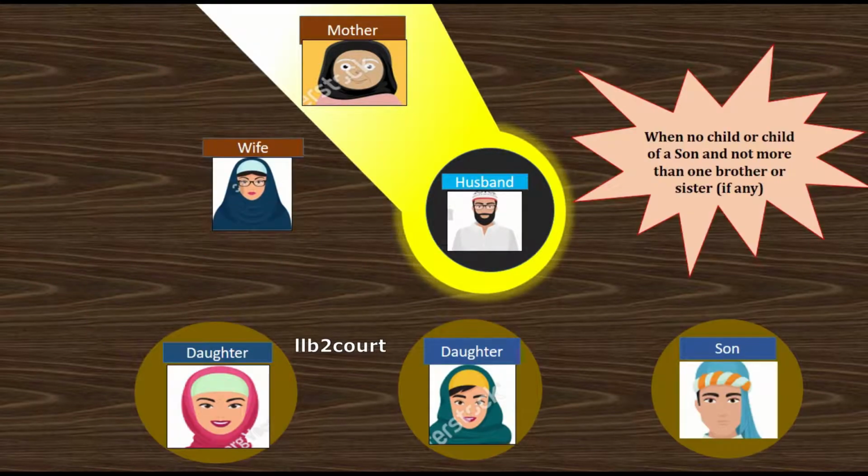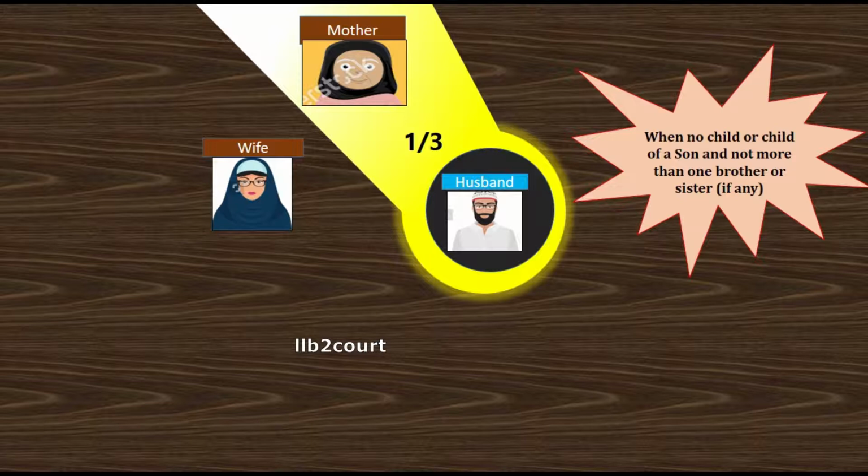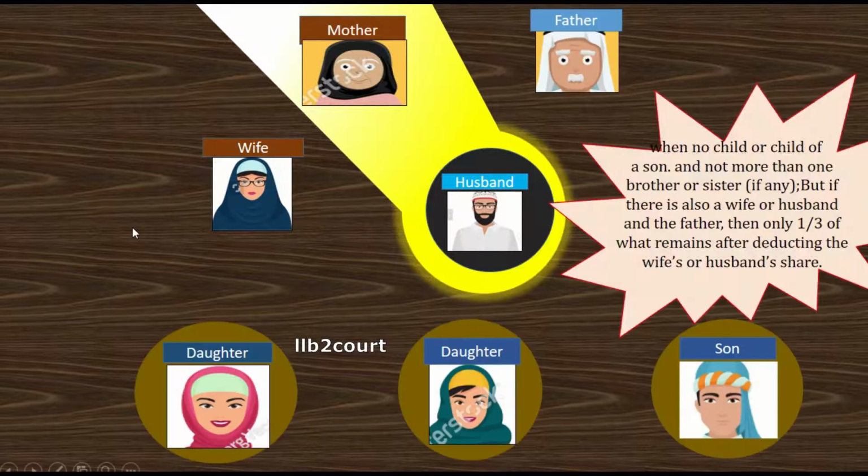If there are no children, obviously it is going to double, that is 1/6 doubling is 1/3. That's what she is going to get. Now let's see the condition when there is no child or child of a son and not more than one brother or sister. Till this condition we have seen that the mother will get 1/3.